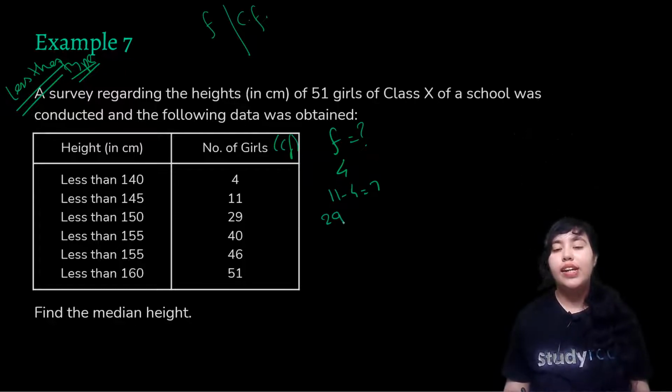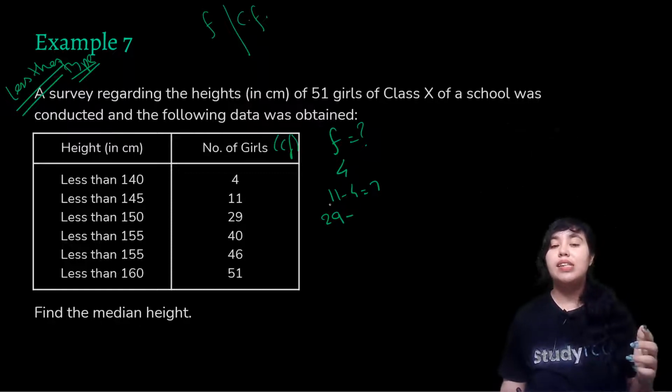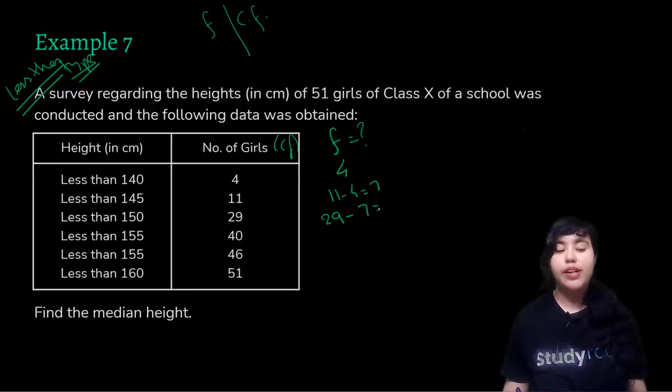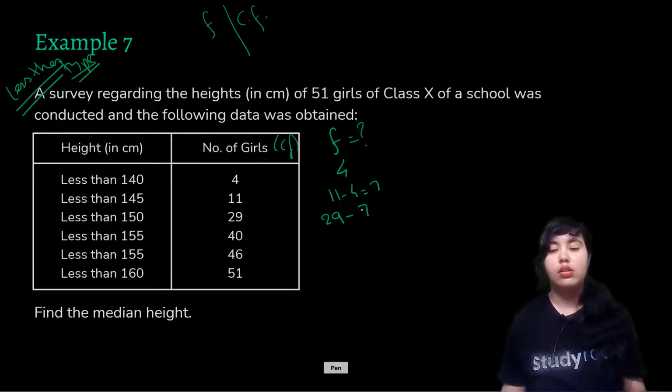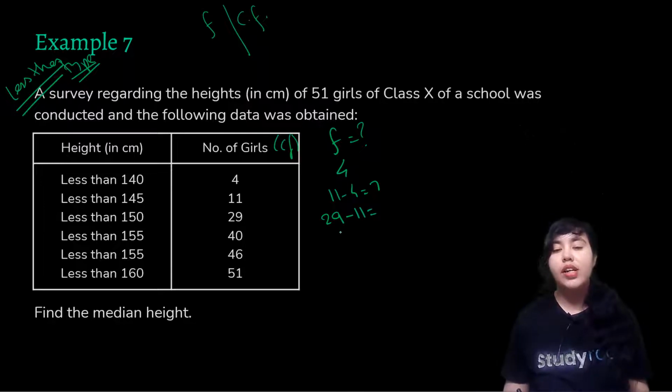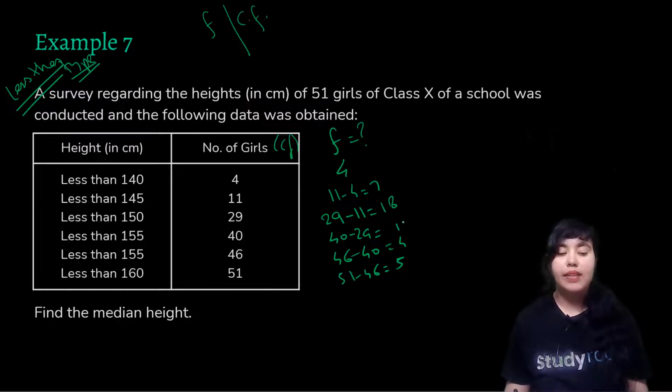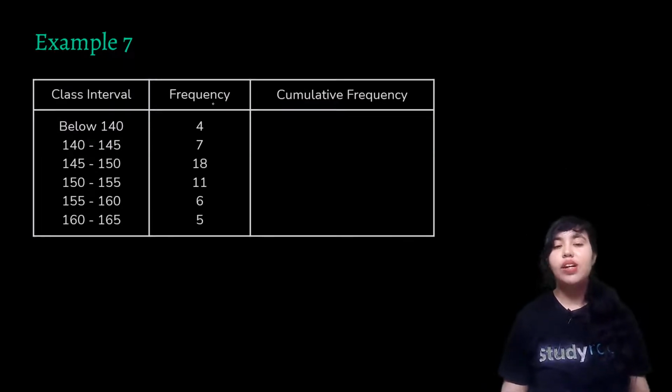Then we can do 29, the present cumulative frequency minus the previous one, so it will be 29 minus 11, then this will become 40 minus 29, 46 minus 40, 51 minus 46. So this will be 5. 4, 29 minus 11 will be 18, and 40 minus 29 will become 11. So these are the frequencies that we've obtained.